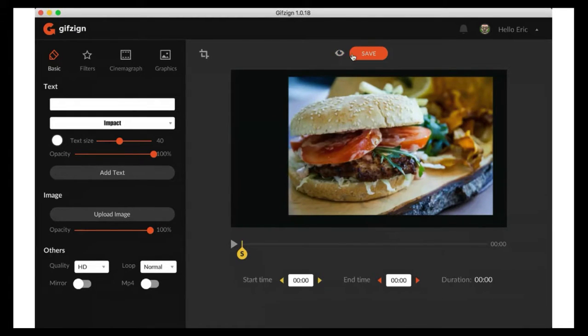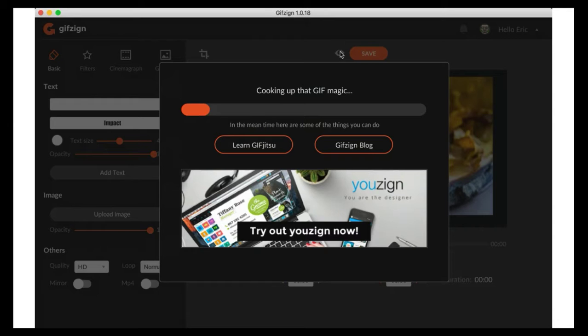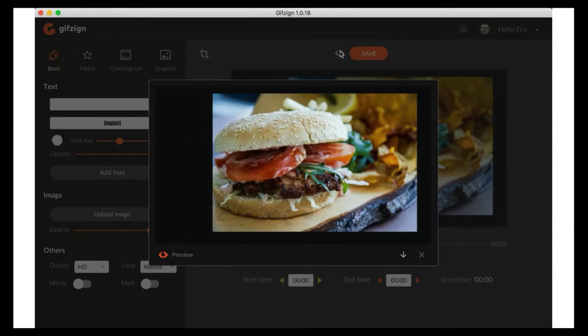Now it plays right here, and I don't have the frame rate down here at the bottom anymore. You see that? No frame rate down here because I've loaded a video. Now I'll play that video and you'll see how it works.